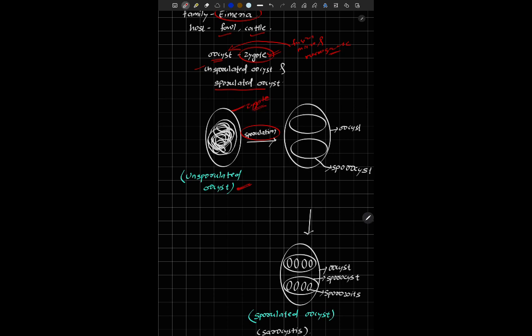After contact with the environment, inside of this oocyst a sporocyst will develop. This is the oocyst, inside which the sporocyst will develop. This is the sporocyst.